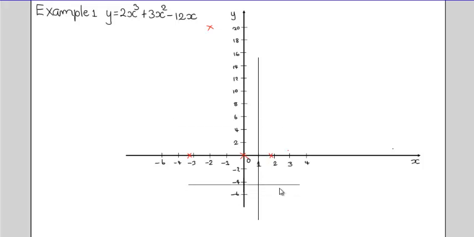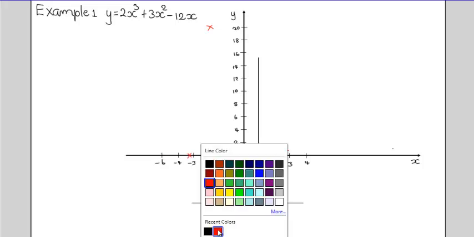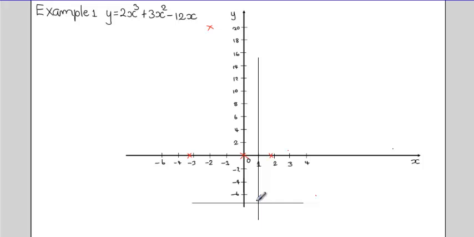This is counting in twos. Minus 7 must be there, isn't it? So let's get our red ink again and put minus 7 there. Then I think we're done with that line.